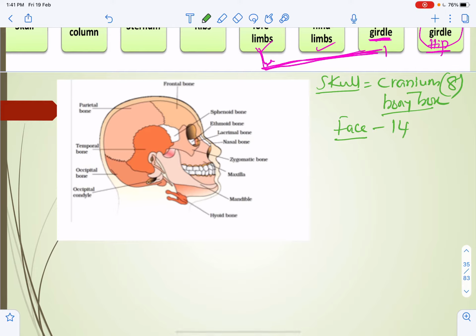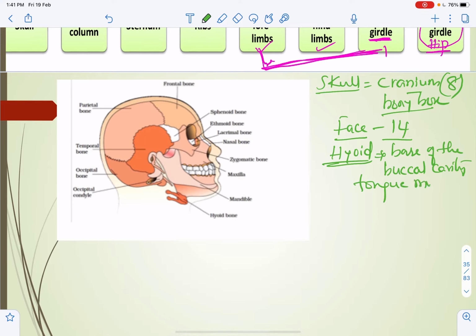In the face there are 14 bones, and along with that there is one single bone, the hyoid bone. The hyoid bone is generally present at the base of the buccal cavity, to which the tongue and tongue muscles attach, and it forms the floor of the buccal cavity.